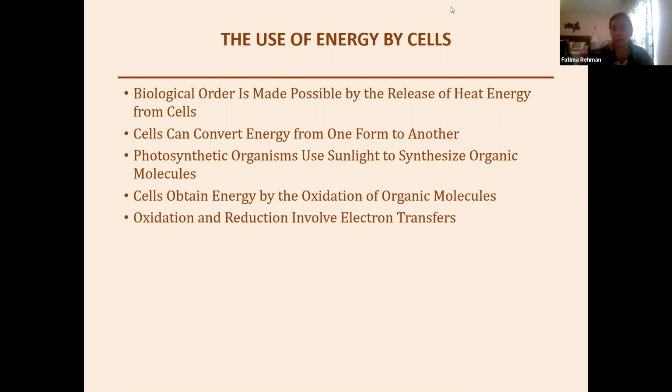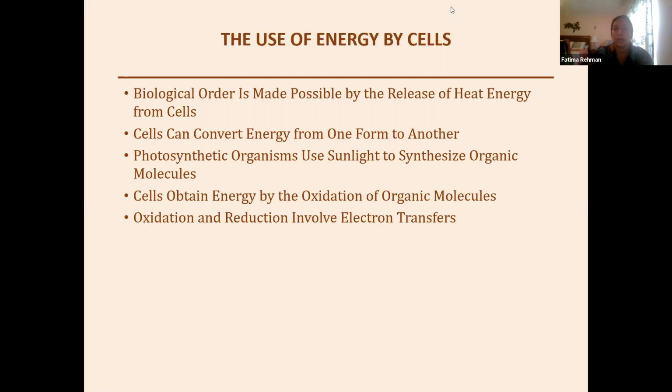The most common forms of energy conversion inside our cellular system, not as an organism, but at a molecular level, is either converting our chemical bond energy into heat energy, or converting our photoelectric energy, or photomagnetic energy rather, from sunlight into chemical bond energy.